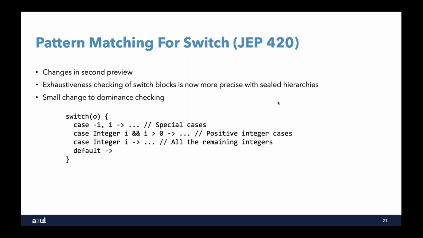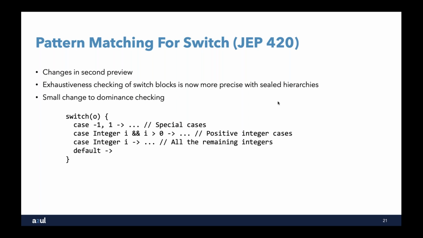The other thing, they made a small change to what's called dominance checking. Dominance checking is about making sure that when you specify a set of cases which all could possibly match the same thing, the most specific one gets put first and the least specific one gets put last. So in this example, we're saying, okay, switch on O, and if it's -1 or 1, so very specific to particular values, we'll do something.